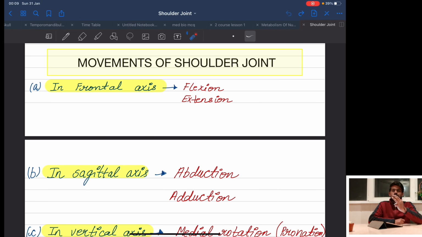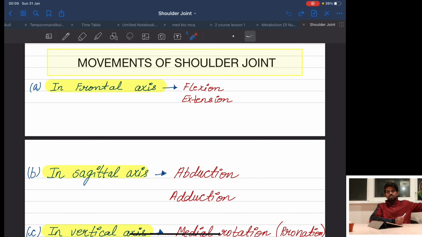There are three axes in the body: the frontal axis, the sagittal axis, and the vertical axis. In the frontal axis, the movement of the shoulder joint is flexion and extension. This is flexion, and if we go backward, this is extension. In the sagittal axis, the movement is abduction and adduction.